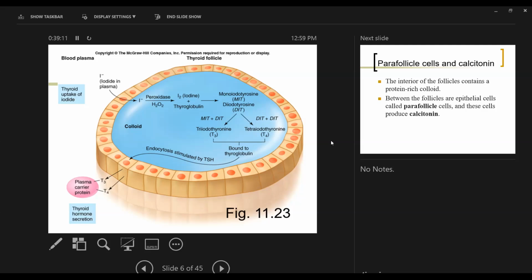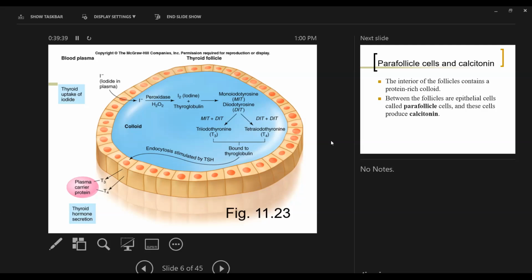these are sodium iodide symporters. Mr. Lepard, what does symporter tell you? Does the transport go in opposite directions or the same direction?